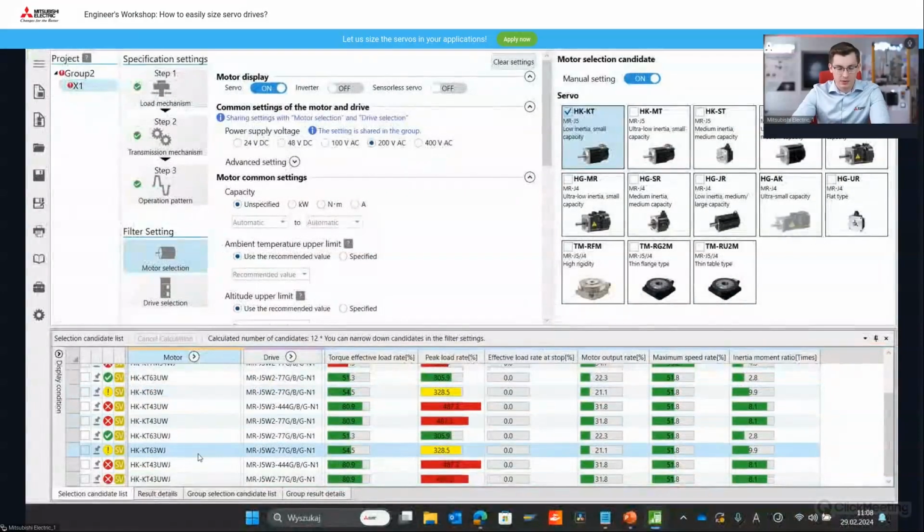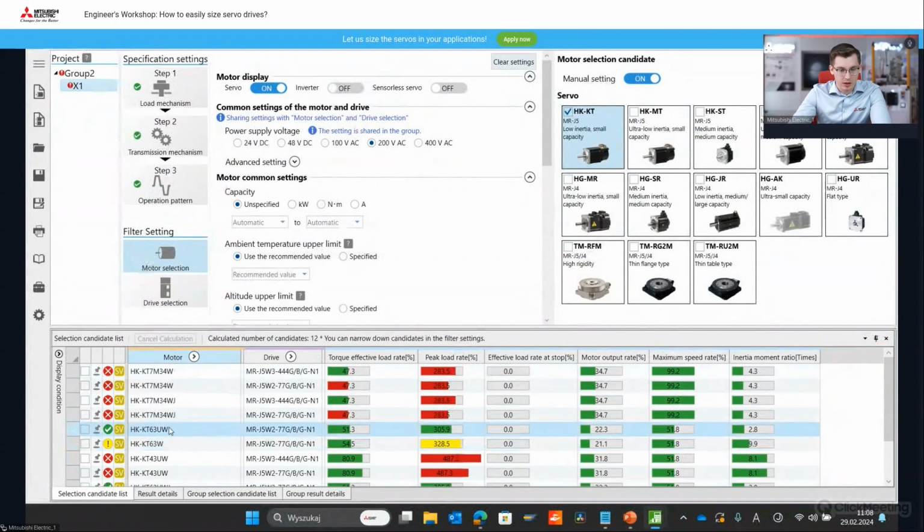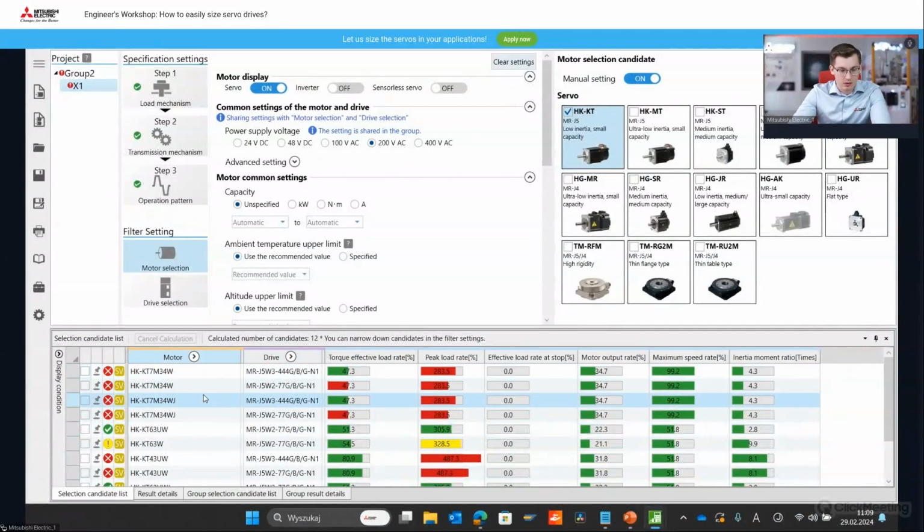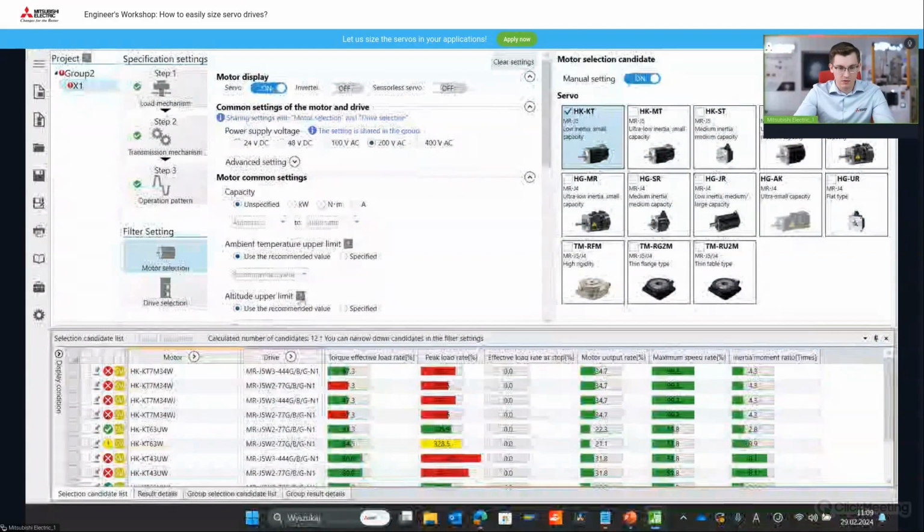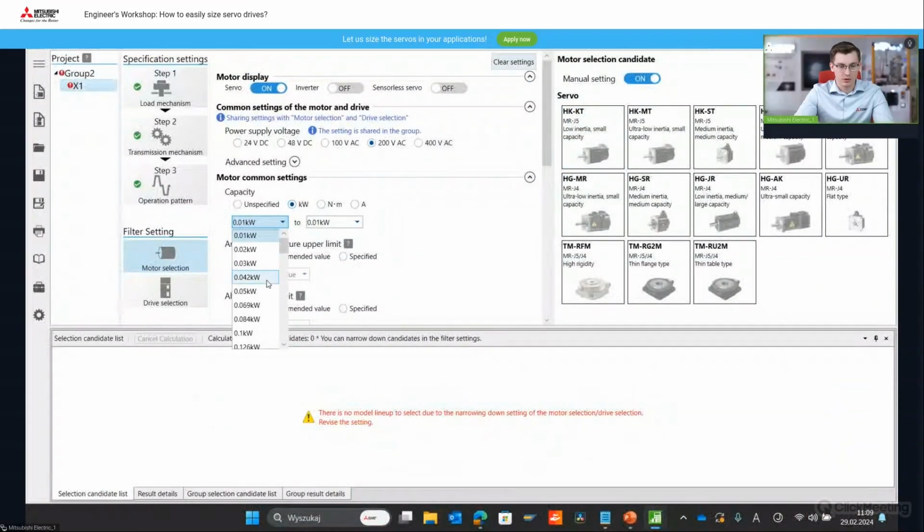But probably not. Here we have the bigger power load. Okay. I would like to size something different, so I will try to go with different voltage, different capacity, and check if some of the motors are possible.